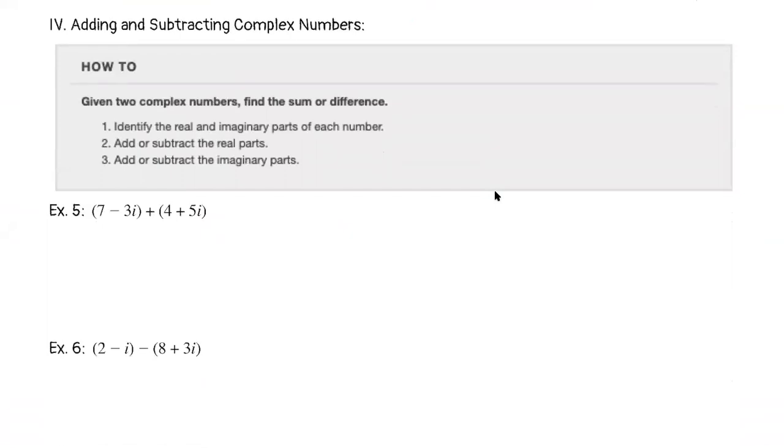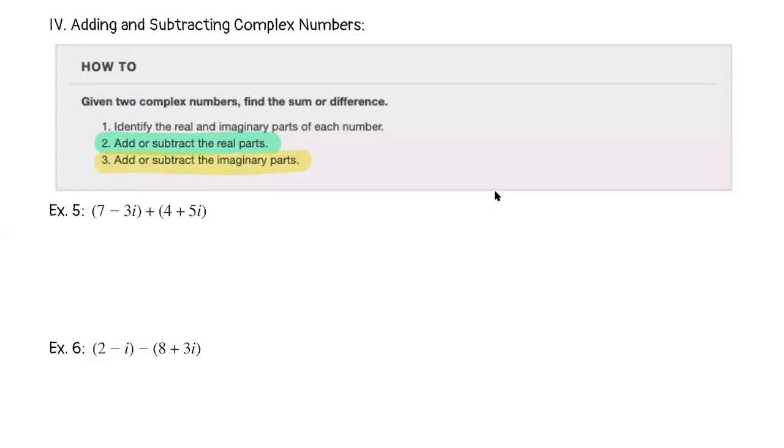Here's the deal: it's just like adding and subtracting things with like terms. We combine like terms by adding or subtracting the real parts and adding or subtracting the imaginary parts.